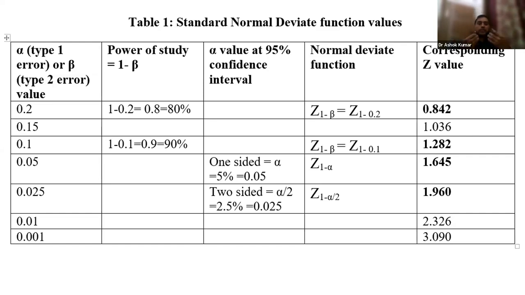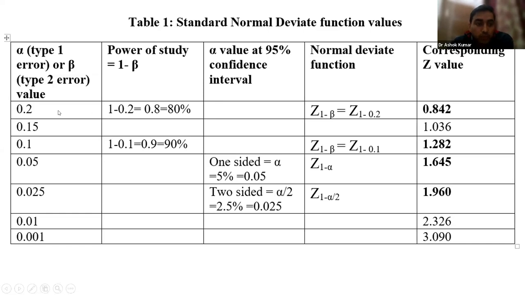So when we take type 2 error as 20%, it means 20% of the time we are committing type 2 error, meaning we are accepting null hypothesis when it's false. You can see here, this is 0.2, it means 20%.